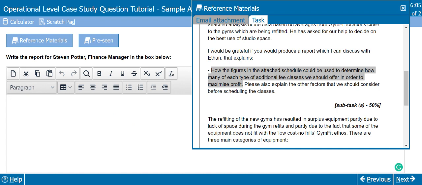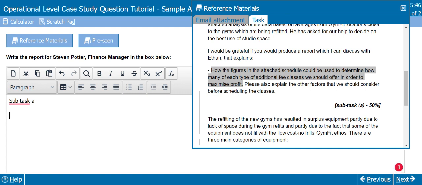But remember one thing, first of all, type which subtask you are going to answer, right? So then you can type like this, subtask A, okay? So then you can now type the exam requirement.